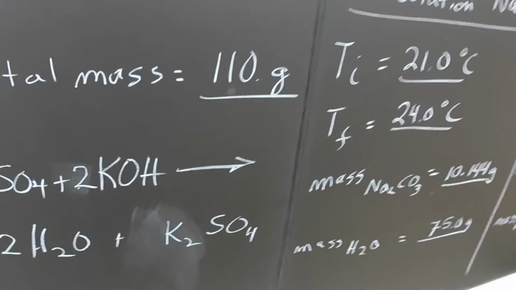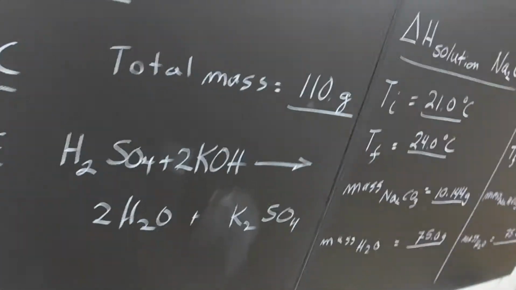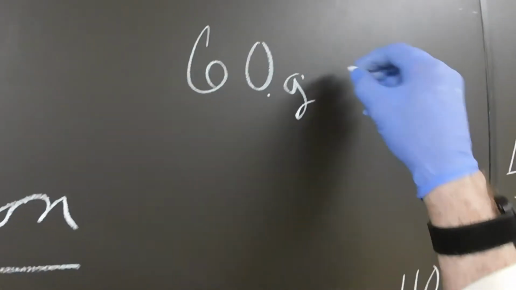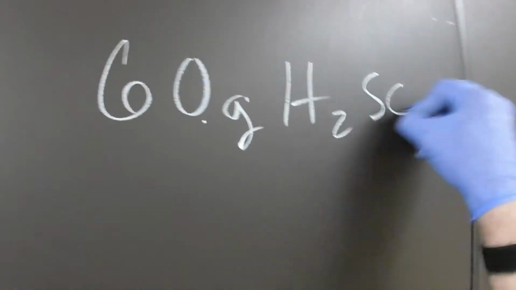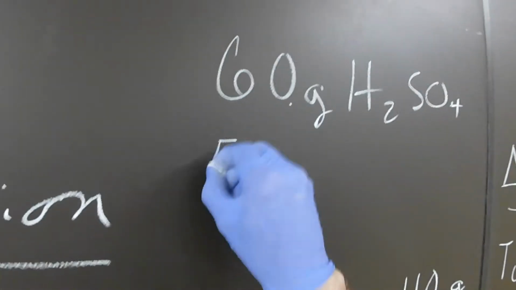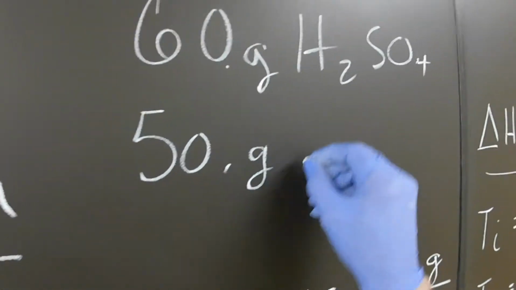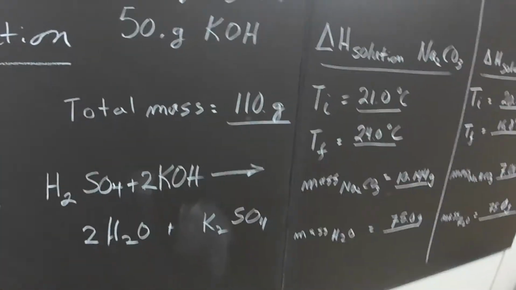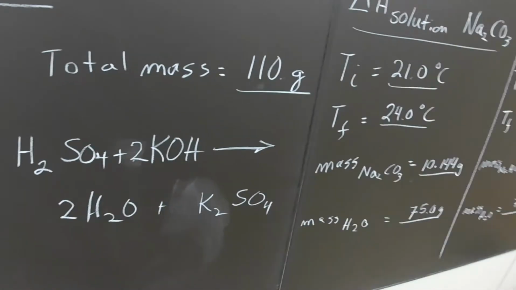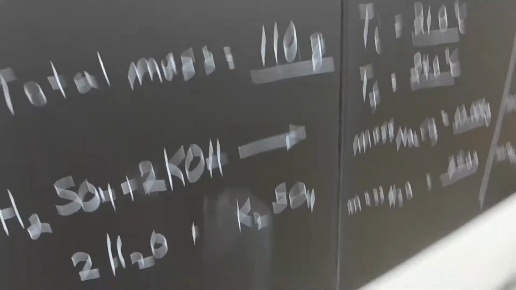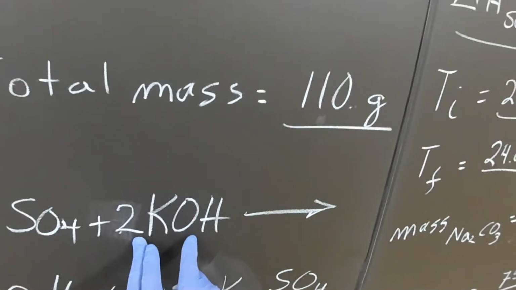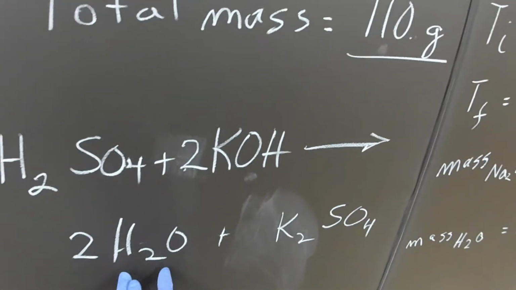Right? So how many moles of water were produced in this reaction? We had 60 grams of sulfuric acid, and we had 50 grams of KOH. Okay? So, notice that the moles of potassium hydroxide equals the moles of water.